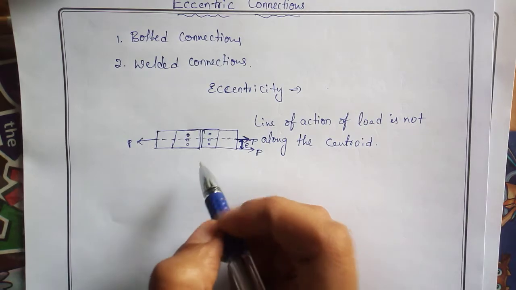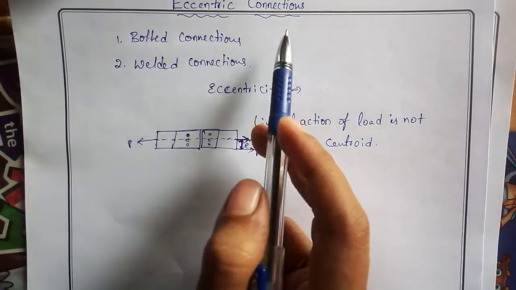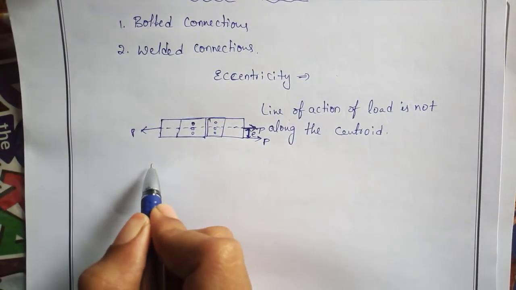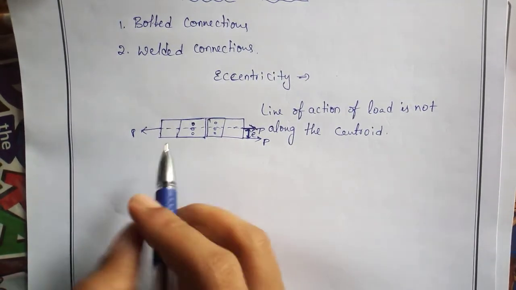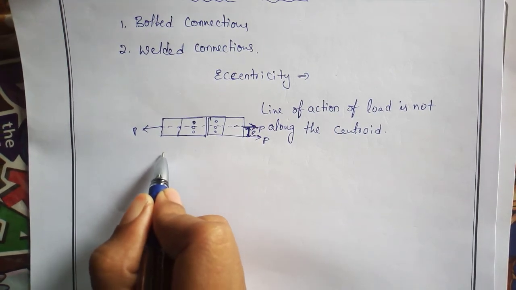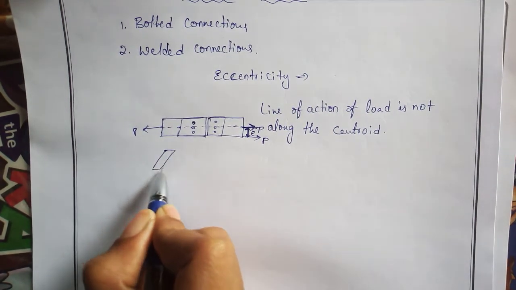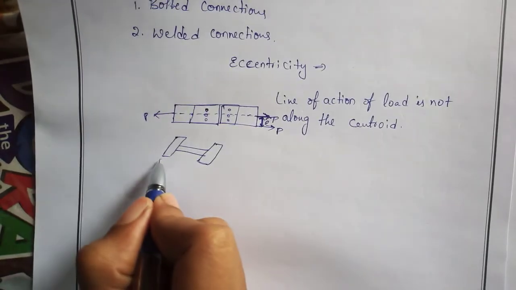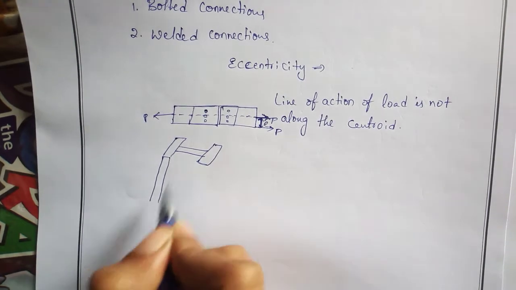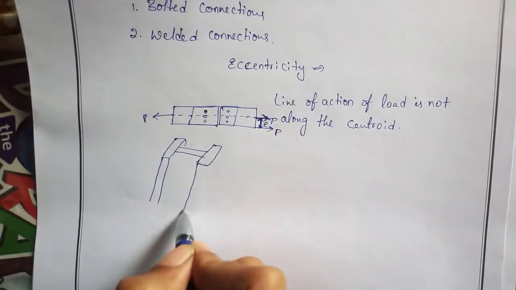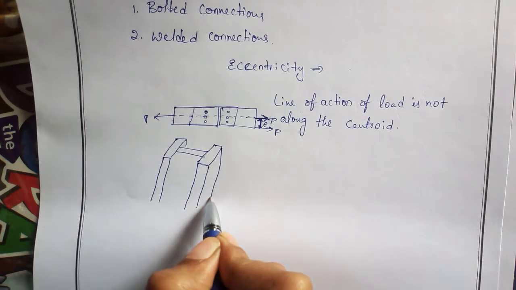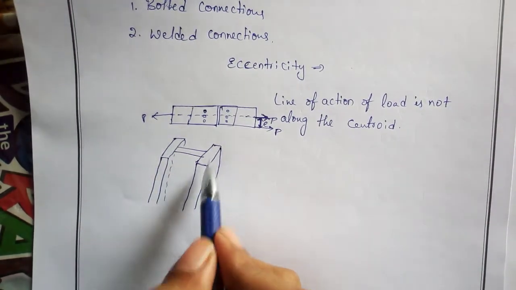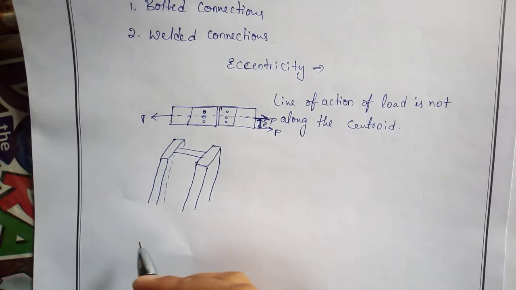So here mostly we'll observe these kinds of eccentric connections in beam column joints. Beam column joints mostly use I sections, right? So for those I sections, let us say this is the cross section and this is a vertical column of I section.